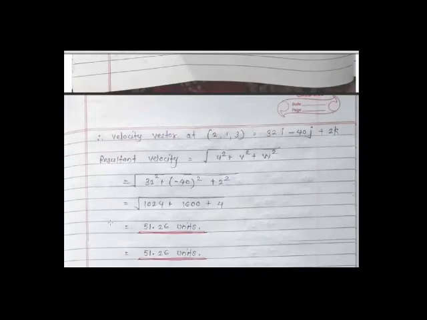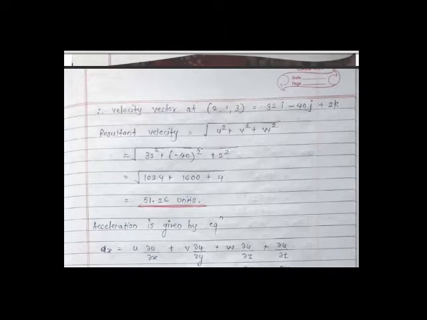So the resultant velocity is equal to under root of u square plus v square plus w square, which is equal to under root of 32 square plus minus 40 square plus 2 square, which is the under root of 1024 plus 1600 plus 4. So the resultant velocity becomes 51.26 units.